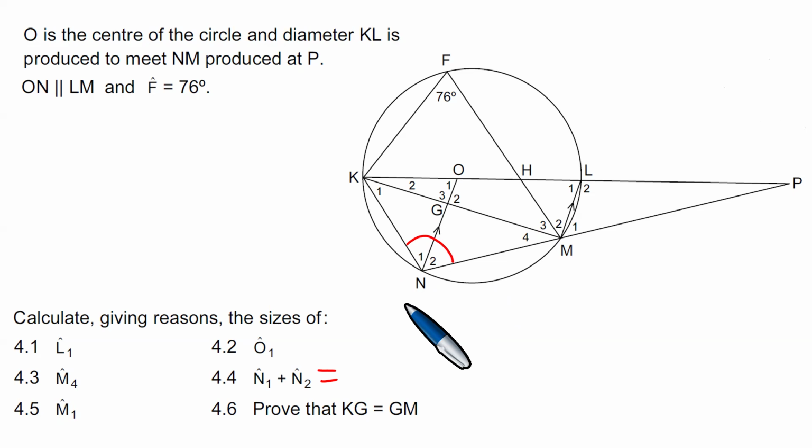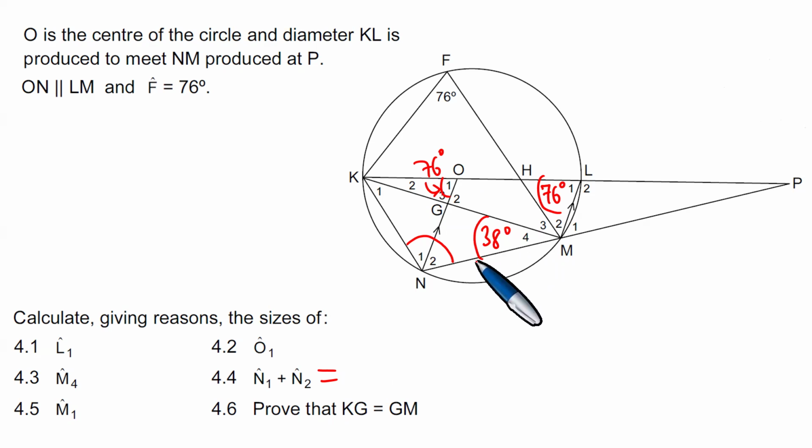I'm sure that is very straightforward. Who has an idea on how we can find the size of N1? Because we already know that this one here is 76 degrees. And we've already seen that this one, the O1, is also 76 degrees. We have already seen that the angle M4 is actually 38 degrees.